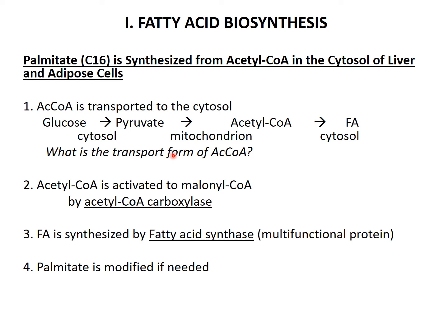Now, you may recall what the transport form of acetyl coenzyme A is. Do you? If not, I can tell you it is citrate, and I will show you in the next figure. The acetyl coenzyme A needs to be activated to be able to enter the fatty acid biosynthetic process.